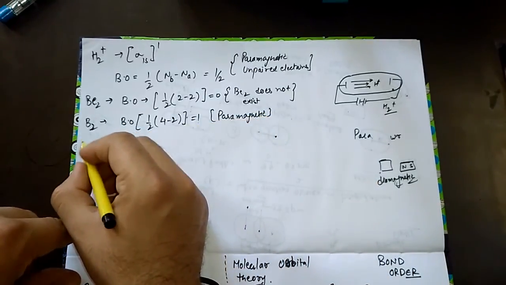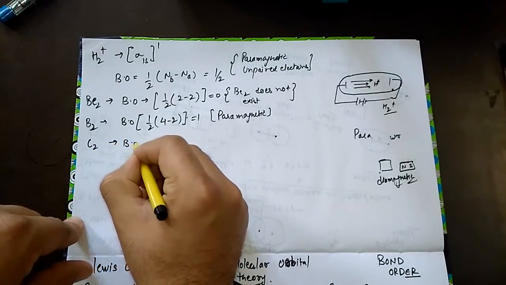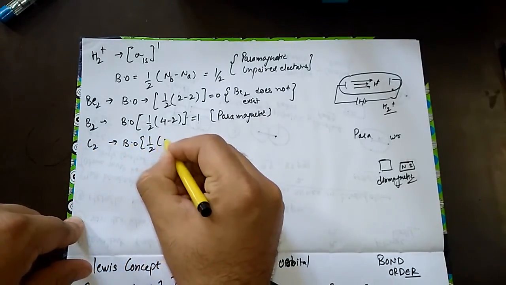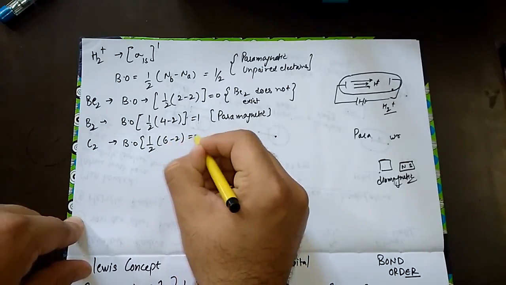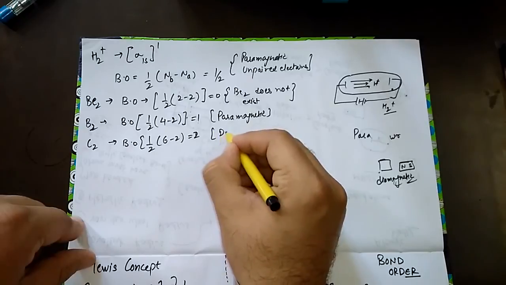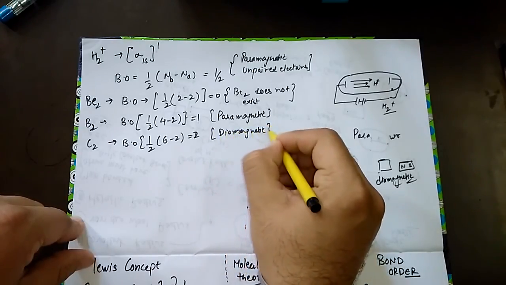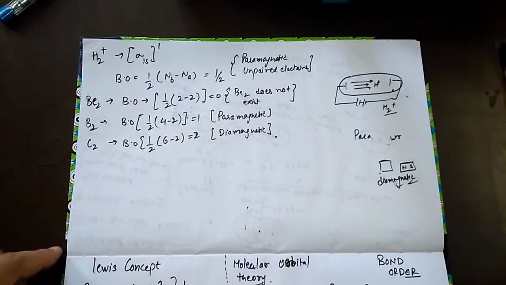So it exists in real life. For C2, the bond order becomes 1 by 2 times 6 minus 2. The overall value becomes 2. So it is diamagnetic in nature.